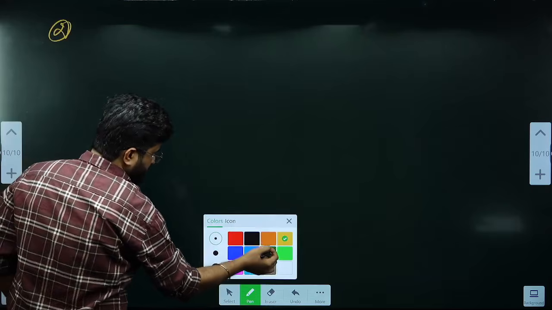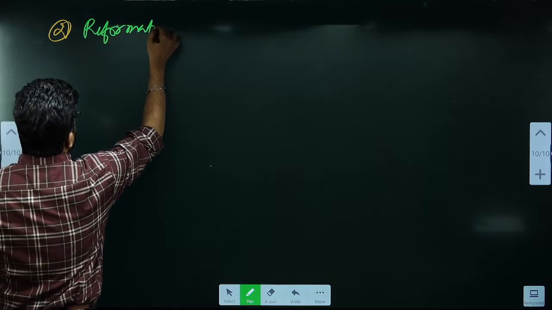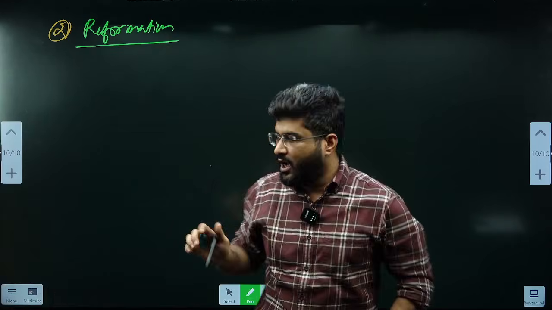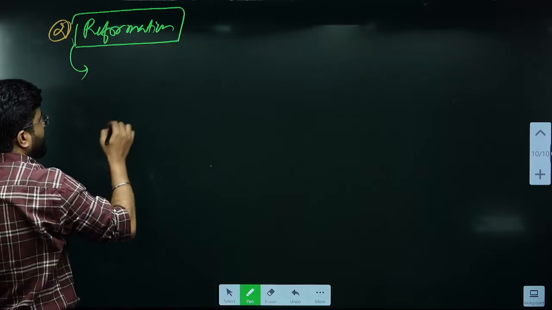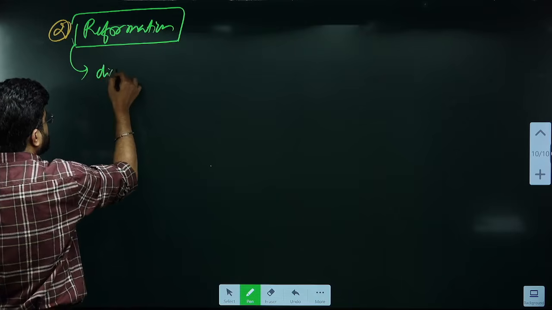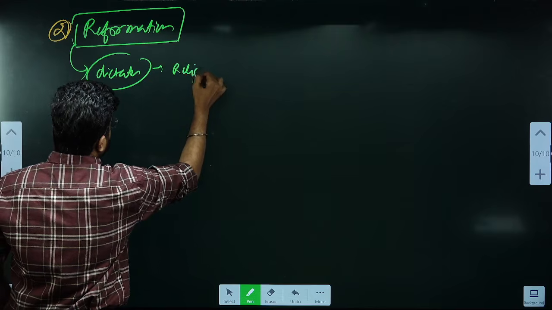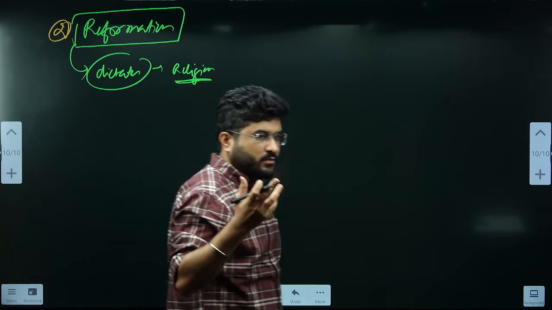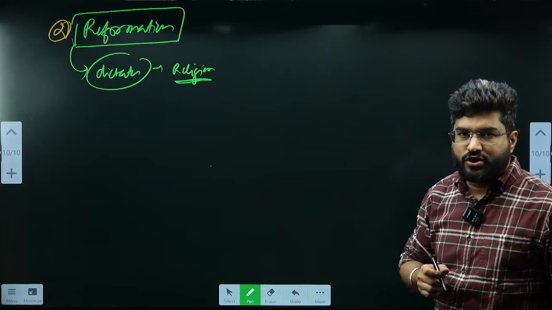Then, second was the Reformation. This is nothing but how the dictates of religion, on the basis of which the church was using its authority on the common people, started to be questioned.